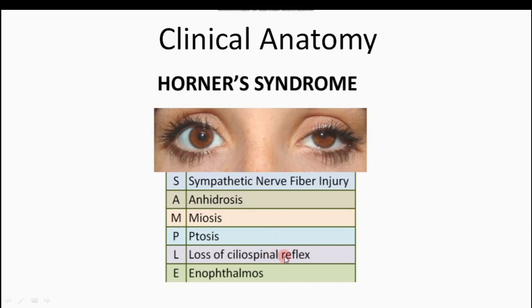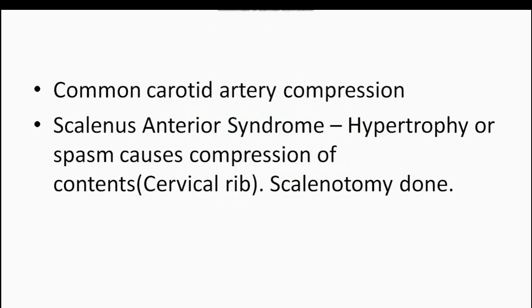L stands for loss of ciliospinal reflex, which means when you pinch the skin over the neck, it will not produce any dilatation of the pupil. So this is loss of ciliospinal reflex. Then E stands for enophthalmos, which means the eyeball is retracted. Clear?